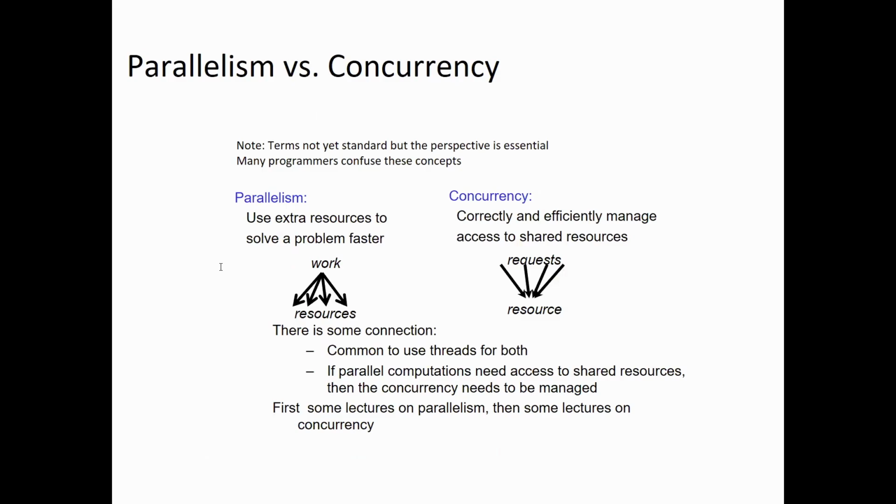Parallelism and concurrency. Okay, they can be achieved, or they are achieved in many languages, and here, I mean in Java, by multi-thread programming. So we have one solution to two slightly or totally different problems.